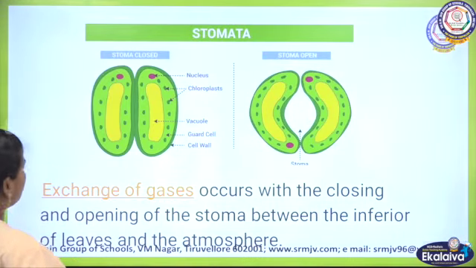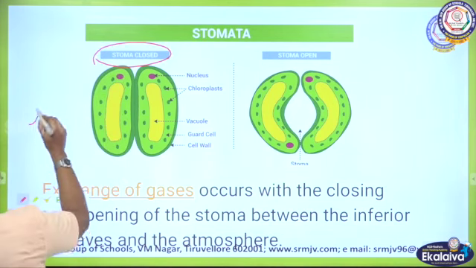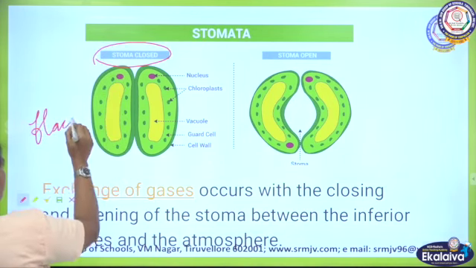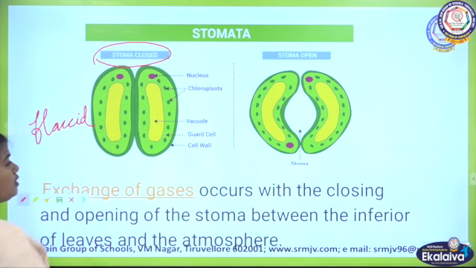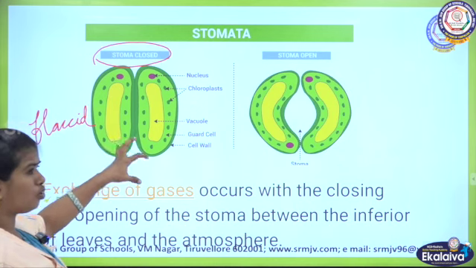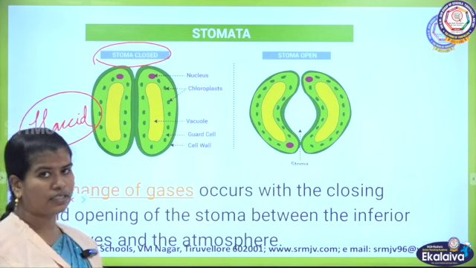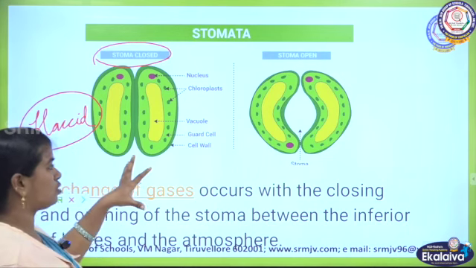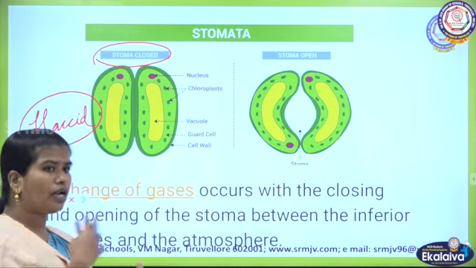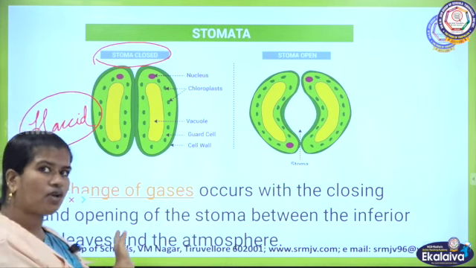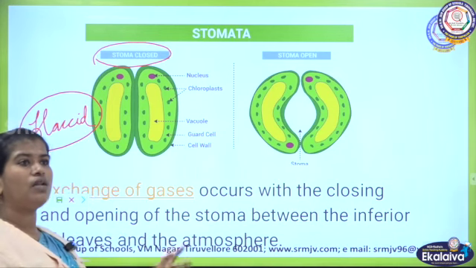When the guard cells are in a closed state, we call it the flaccid stage. These yellow-colored cells are the guard cells, and they are closed only when they are in the flaccid stage. Now let us talk about respiration: oxygen will get out.